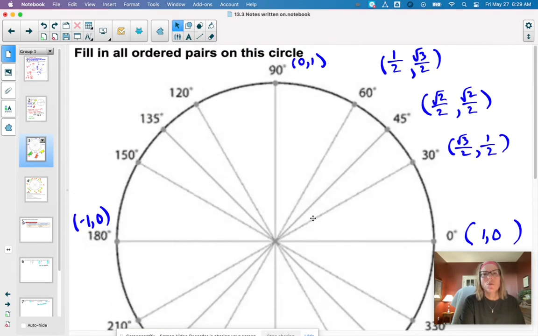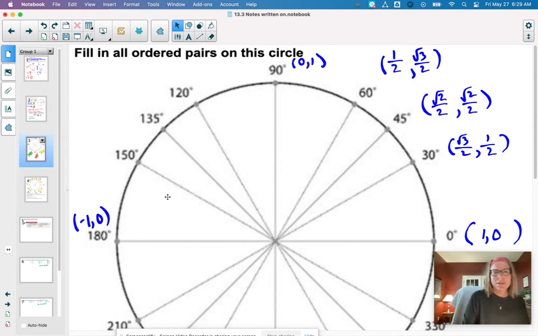All right, so once we have all of the coordinates for quadrant number 1, then the other quadrants use the same combination of numbers, but you just have to change the signs on the x or the y. Because we know in the first quadrant, x and y are positive. But in the second quadrant, your x is negative, your y is positive.